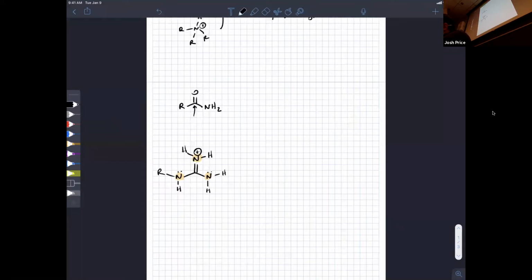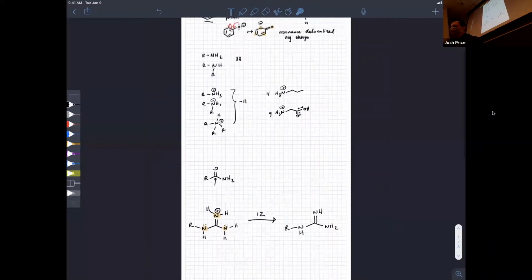Its conjugate base is the deprotonated version, and the pKa to go from protonated to deprotonated is like 12. So actually, this guanidinium nitrogen is even more basic than you would expect for an amine.